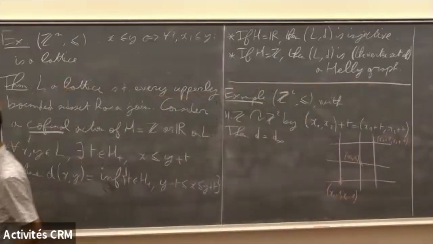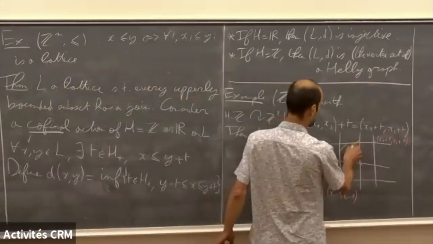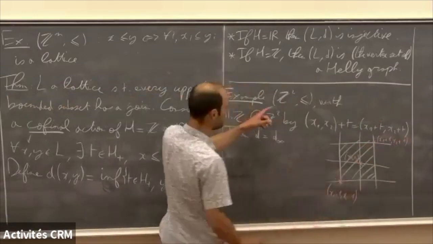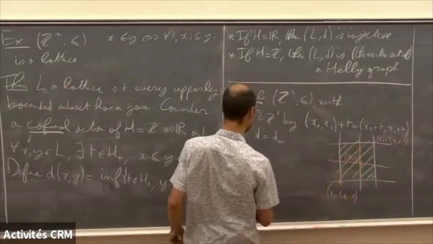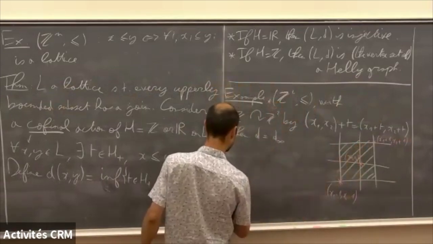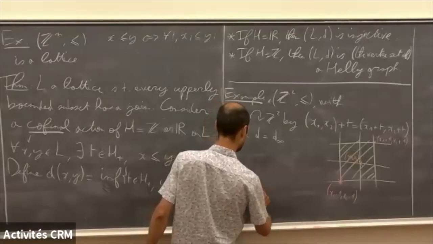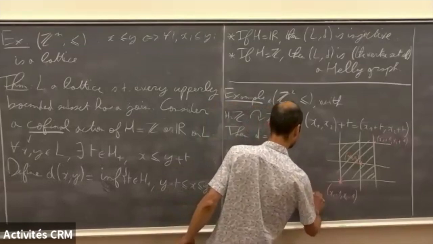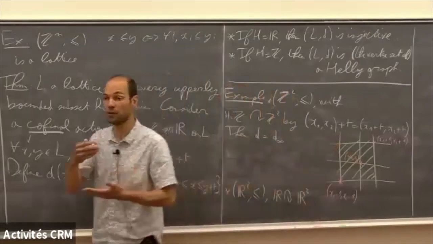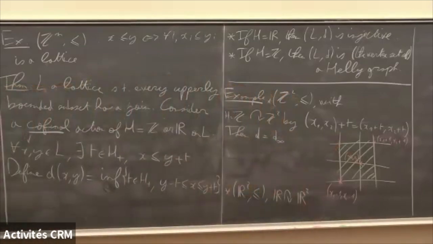And you can look at the shape of the one ball around (x1, x2). So here you get the Helly graph, which was obtained by thickening each square. You could also do it with R^2 with the same order, with the action of R on R^2 by the same formula. It will give you the natural L infinity metric on R^2. Okay.